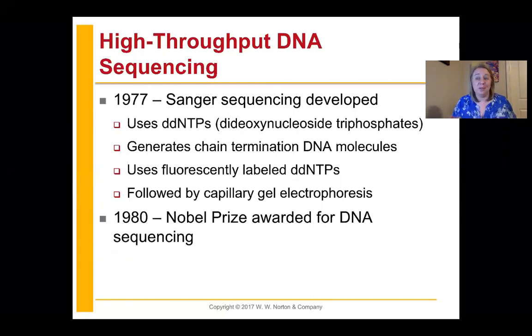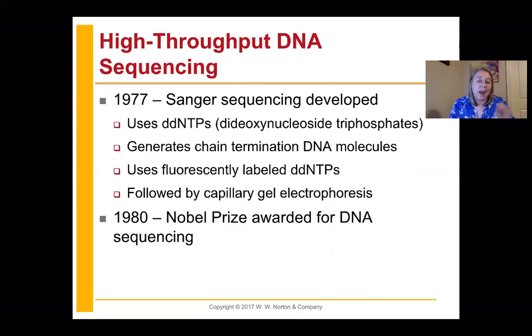And this is so cool because it was developed in 1977. This is amazing. And so the whole pivotal point of DNA sequencing is that you have to use dideoxynucleoside triphosphates.